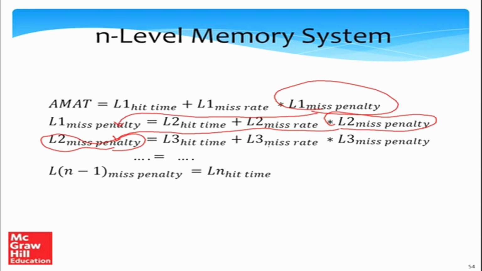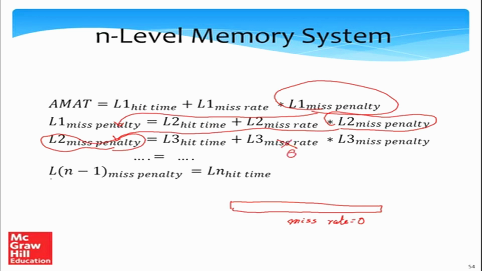If we have n levels in the memory hierarchy, n levels of caches, then for the second last level, the Ln minus 1 miss penalty will be the Ln hit time, because we're assuming that the last level of the memory hierarchy contains all the lines, and as a result its miss rate is 0. This is the main memory that we have been talking about. So this miss rate quantity becomes 0.